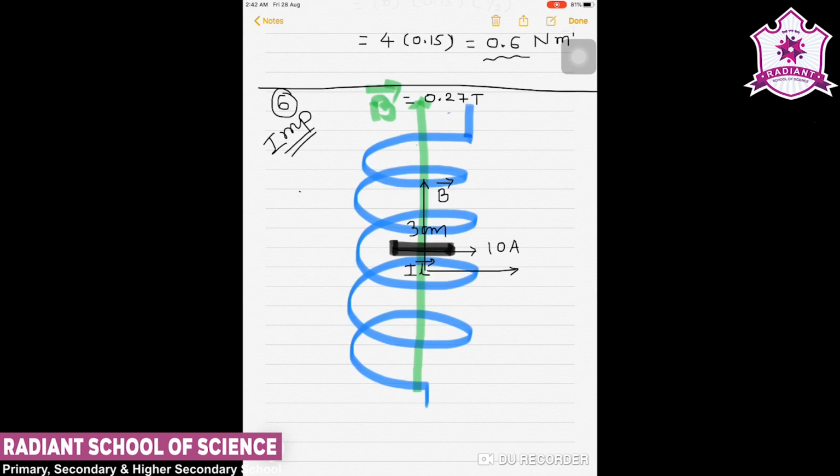Generally when we read solenoid we think the equation of solenoid, B equals mu 0 N i, is to be applied, but no, here this is not that type of question.